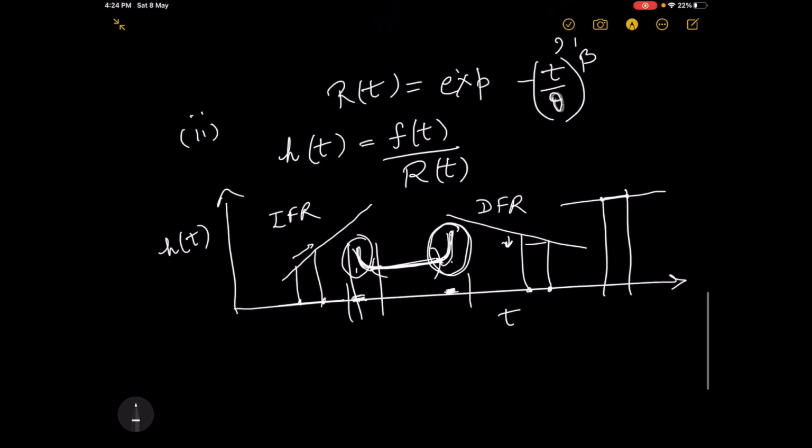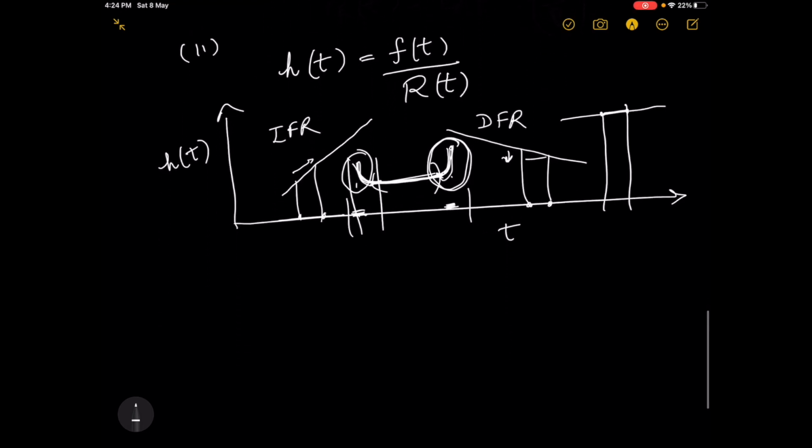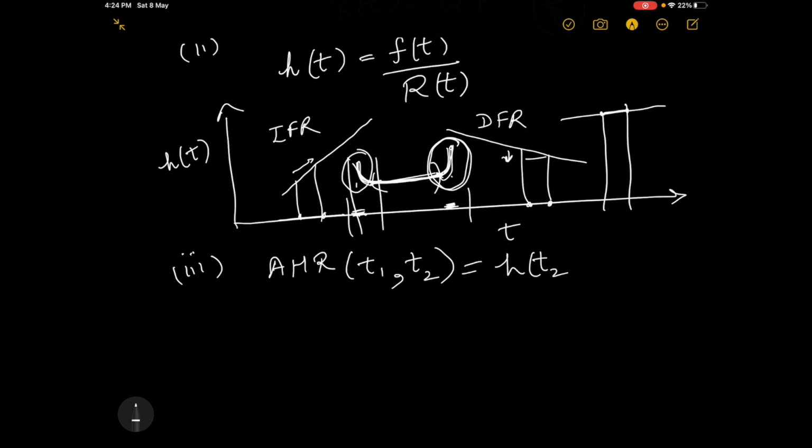The component functions smoothly. Normally, the industry is interested in a third kind of representation known as average hazard rate. Average hazard rate, as the name implies, is always calculated between two time points. So, it is nothing but the difference of the individual hazard rates at the 2 time points divided by the time elapsed between the 2 time points.